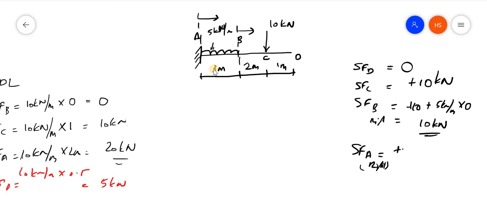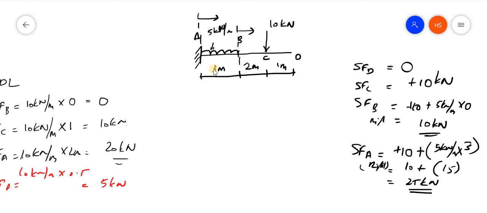A 10 kilonewton load is acting downward, so positive 10, plus the UDL. The value is load intensity 5 kilonewton per meter into distance 3, that is 15. So 10 plus 15 is 25 kilonewton. So at D it is 0, at C it is 10, at B again 10, at A it is 25.